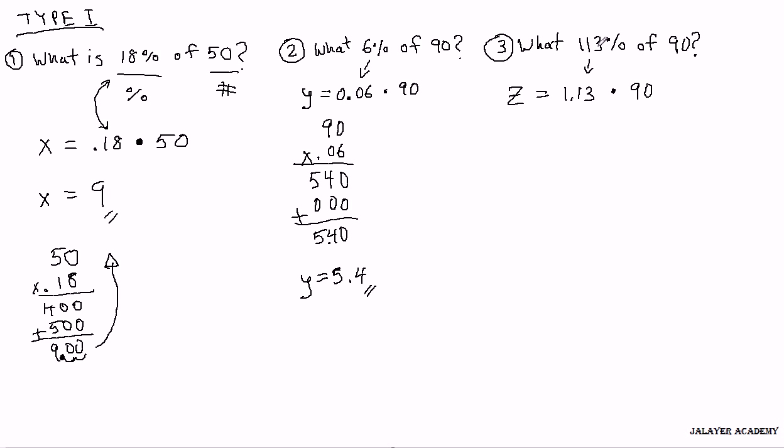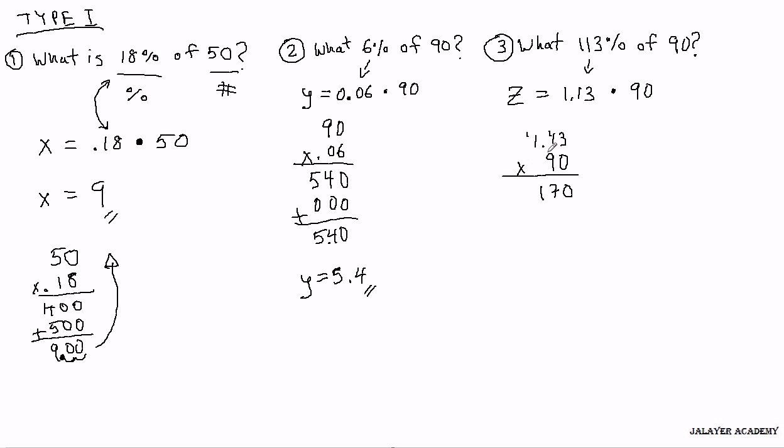Whenever you're asked to find something more than 100% of a certain number, the number you'll get as a result will be greater than this number. So 100% of 90 is 90. 100% of any number is the number. So more than 100% of 90 is going to be more than 90. And let's find out exactly how much it is. So here we got 0, 7, carry the 2, 9, 11.